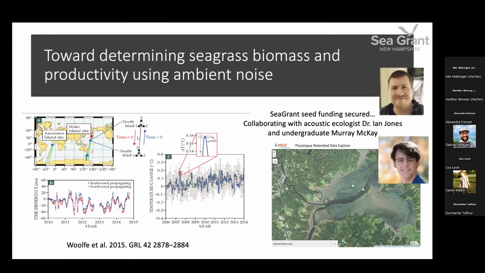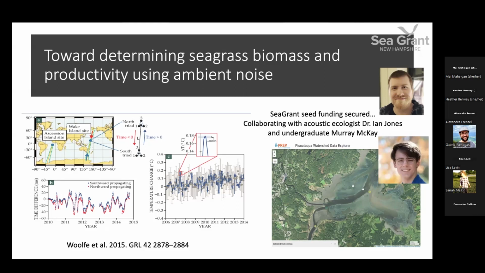Using the ambient sounds from polar calving events, so glaciers breaking off and making low frequency noise, this noise travels across the ocean. If you average enough times with this interesting signal processing methodology, you can do time of flight measurements across hundreds of kilometers. So you get an average of sound speed and therefore temperature, so you can do large scale ocean temperature monitoring using just ambient means.